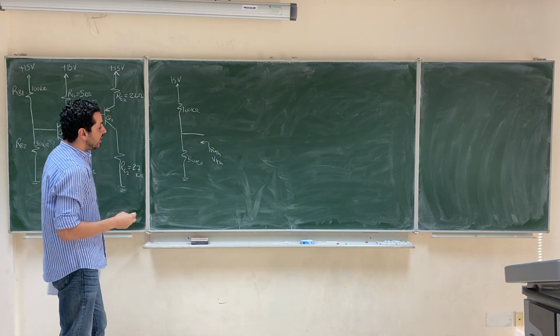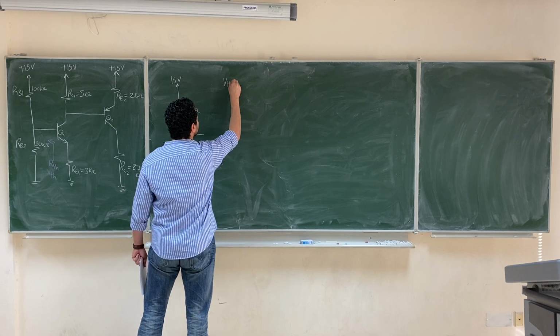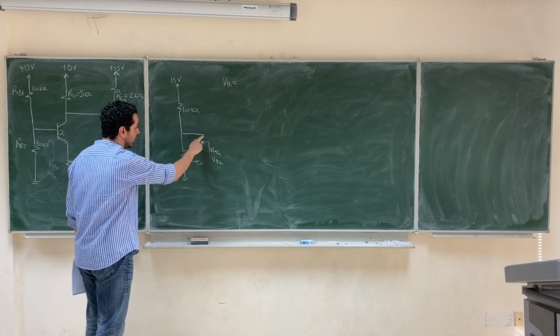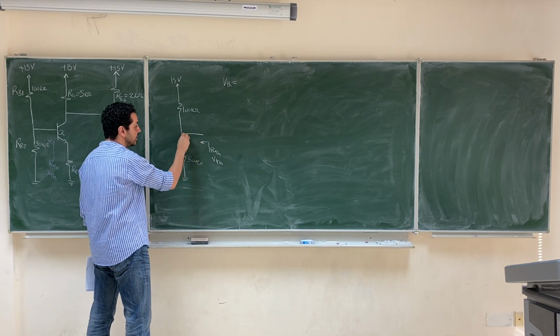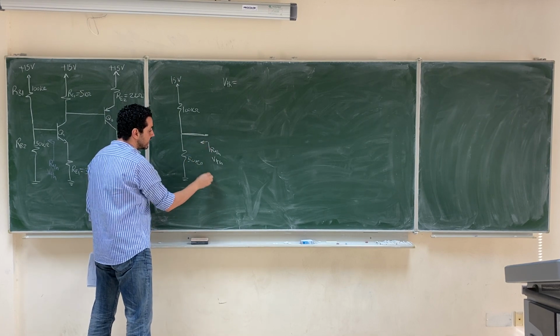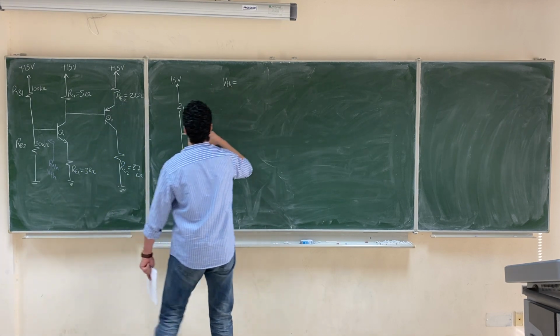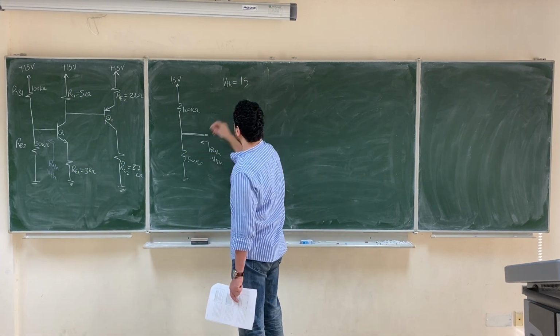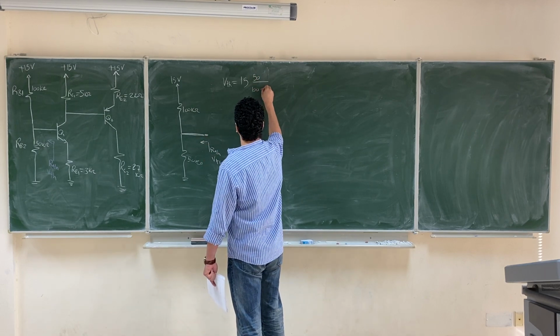We know that V Thevenin is the open circuit voltage. So you assume that the terminals here are open circuit, and you calculate the voltage across the 50 kilo ohm. So V Thevenin will be 15 multiplied by 50 over the summation, over 100 plus 50.